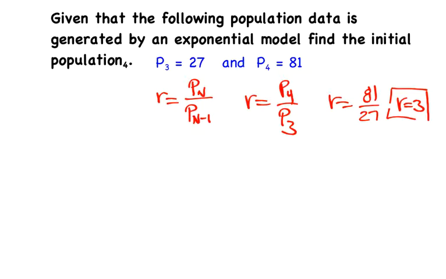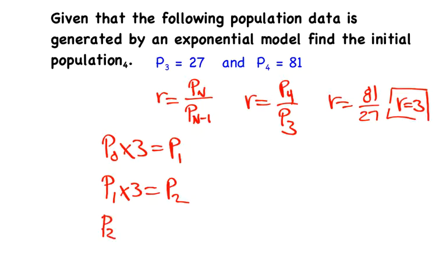So since R is 3, that means we multiplied P0 by 3 to get P1. We multiplied P1 by 3 to get P2. And we multiplied P2 by 3 to get P3.